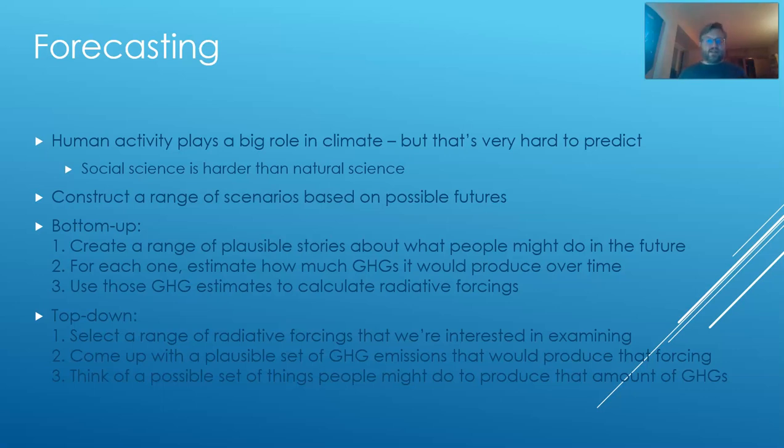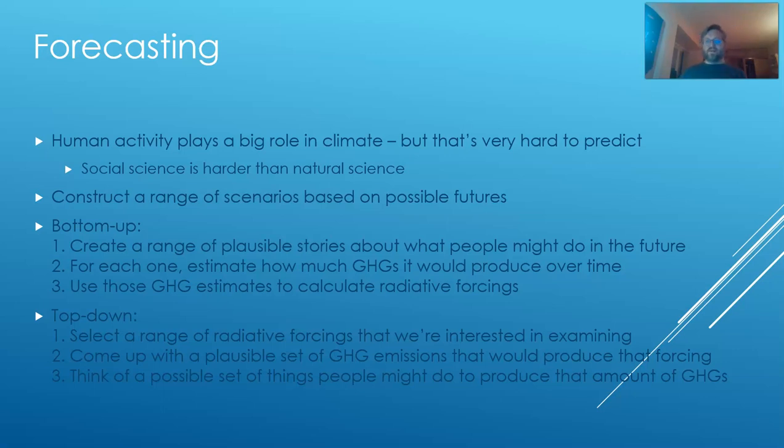Now, for each of these stories, we'll estimate how much greenhouse gases and other radiative forcings would occur under that scenario. So if we are predicting that we'll develop a certain kind of technology, then we will say, okay, well, that's likely to lead to this sort of change in the amount of greenhouse gases being emitted, et cetera, for all the other elements of that scenario.